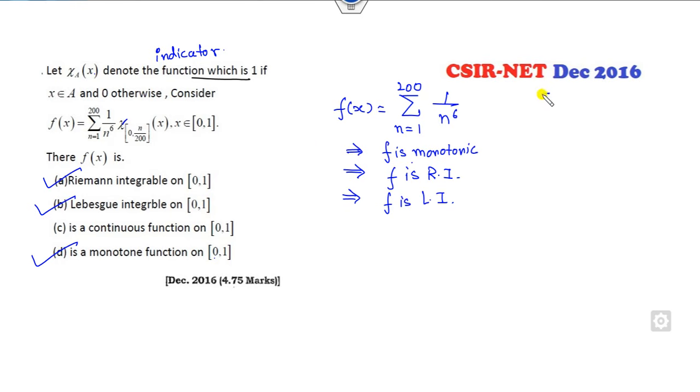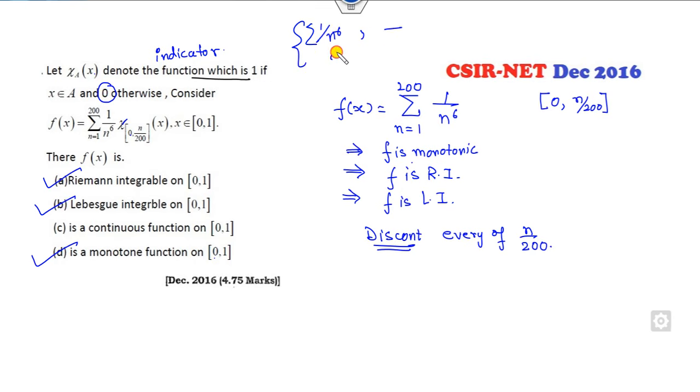Clearly, this function is discontinuous. At which points? At every point n over 200. The function is continuous at 0, because if x is 0 the value is 0, and the function takes this value whenever x lies here, otherwise 0.